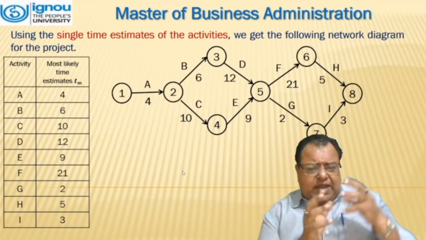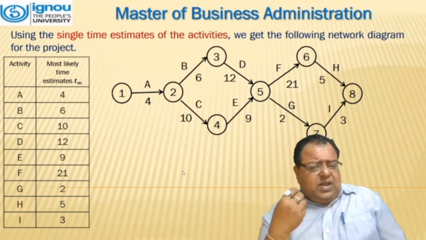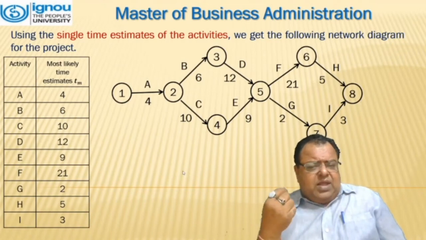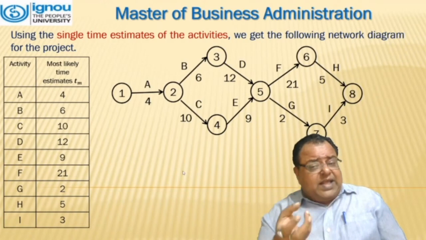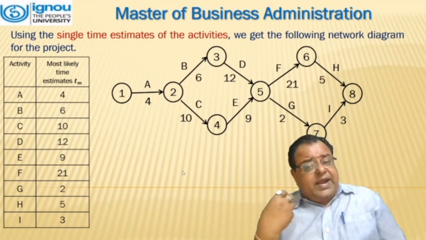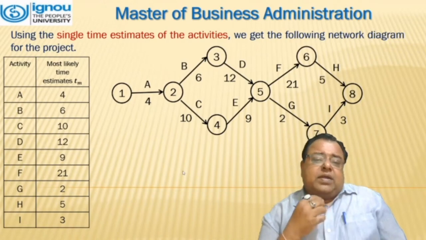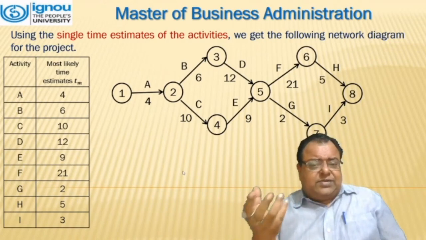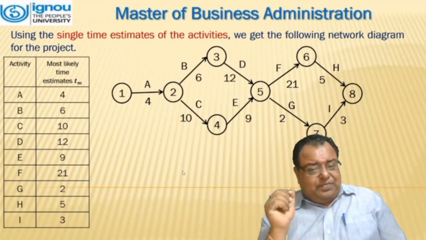Here we can see we have some idea of the critical path method. First of all, looking at this diagram, we can find 4 or 5 different ways of starting the event from 1 and ending up at 8. The first is 1, 2, 3, 5, 6, and 8.